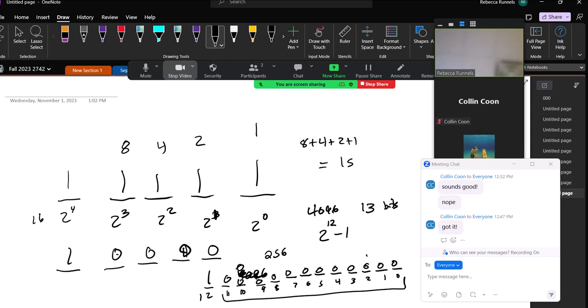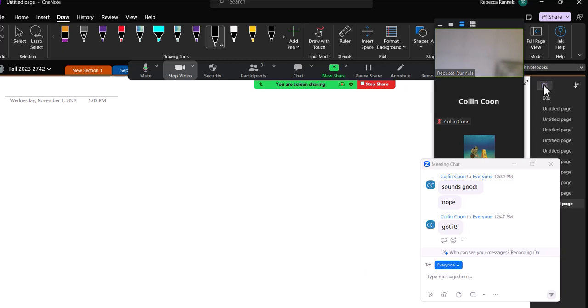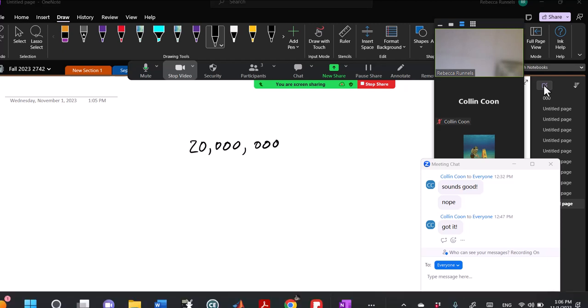So if you're ever trying to figure out, say, I need to make my clock have a number that goes up to 20 million, then you need to find what power of 2 gives you a number that's bigger than 20 million.